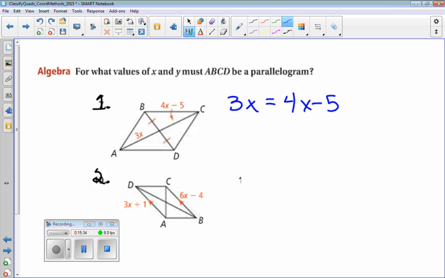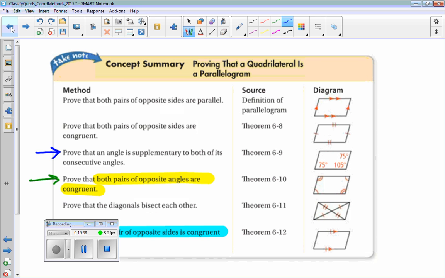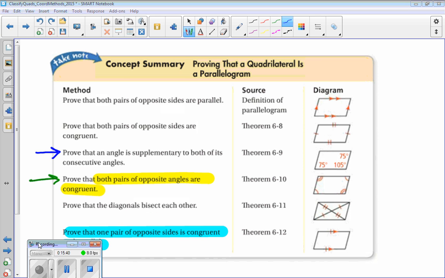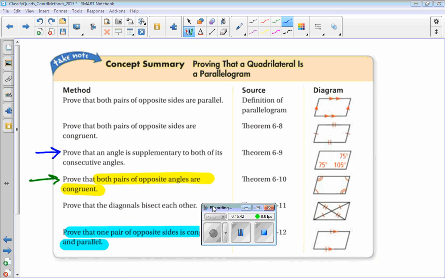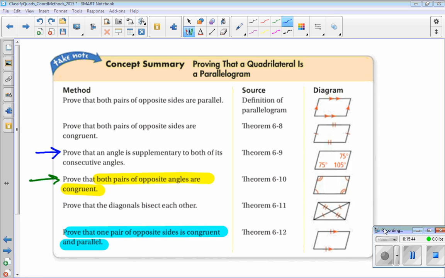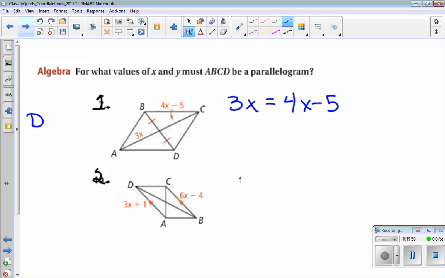Which one of these theorems proves it? Look over your theorem list and tell me why. Amira? The diagonals bisect each other. Very good. I want you to write that: the diagonals bisect each other. Therefore, I know that's true.